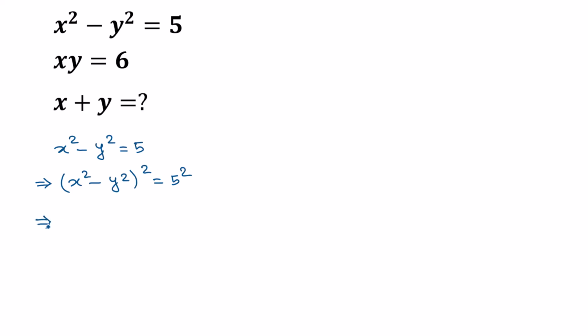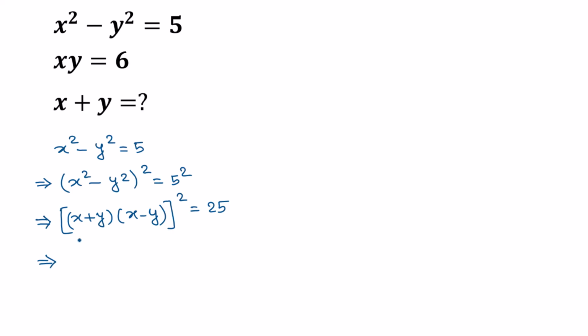Applying the formula a square minus b square as (a plus b) times (a minus b), we can write this term as (x plus y) times (x minus y) and this square is equal to 25.